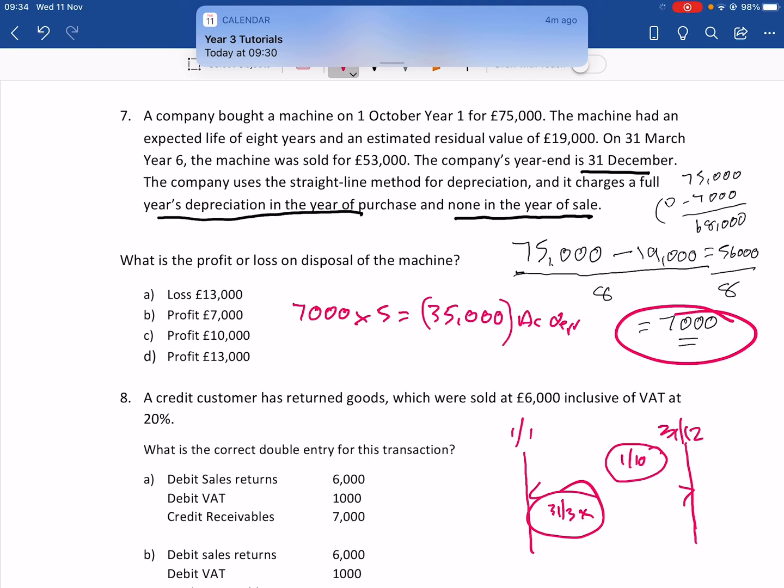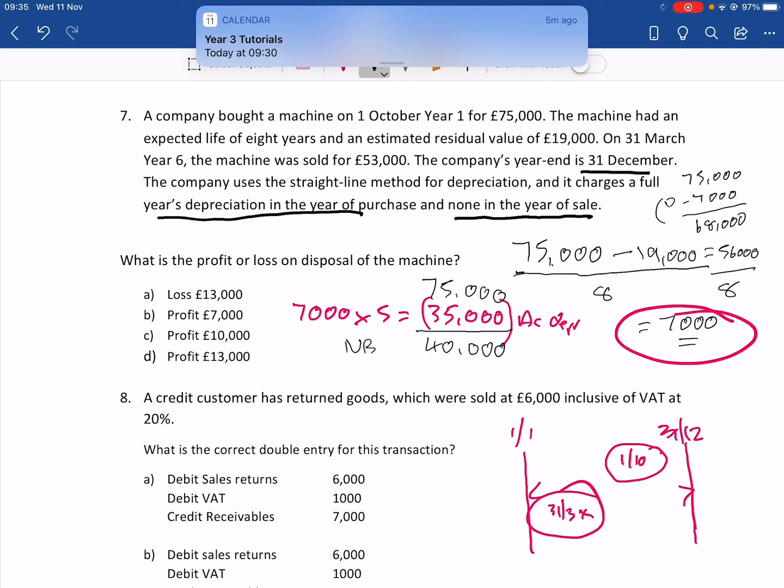So all we simply do: if it cost us £75,000 and the total depreciation at the end of year 5 is £35,000, that means the value of the asset, the carrying value as it's called, or the net book value, at the end of year 5 was £40,000. That's the net book value.